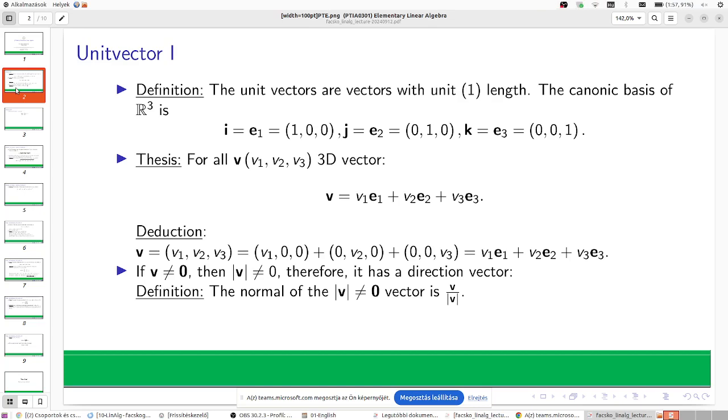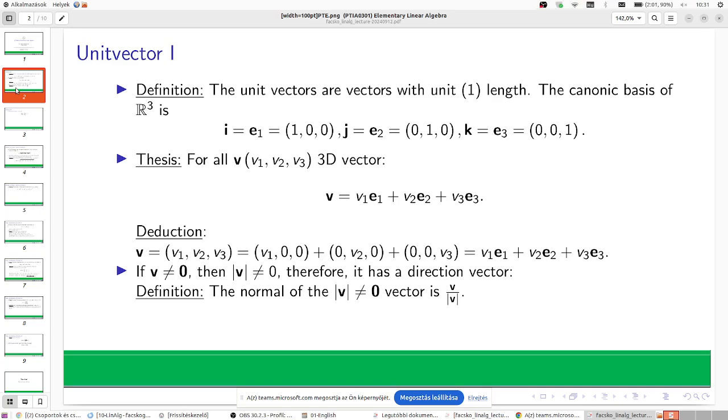So I have a definition, and I have a statement that every vector in three dimensions could be decomposed in this way: the components multiplied by the unit vectors. How can you prove this? You have this vector.